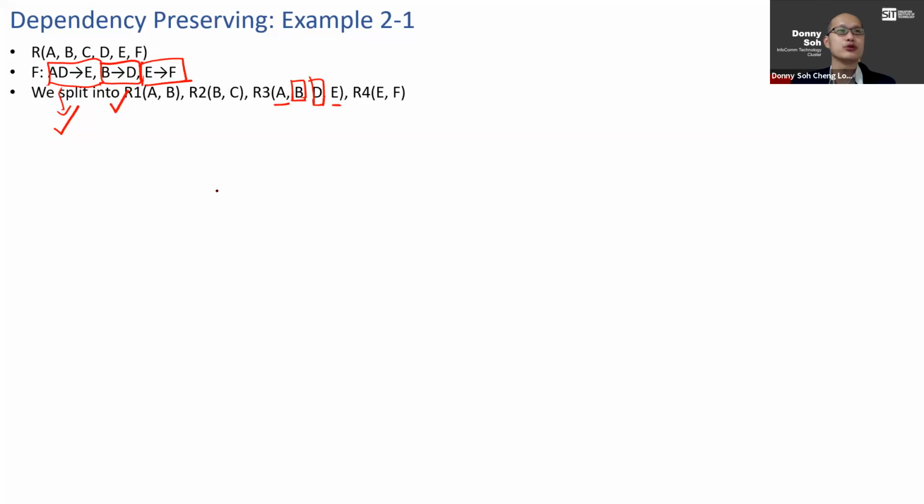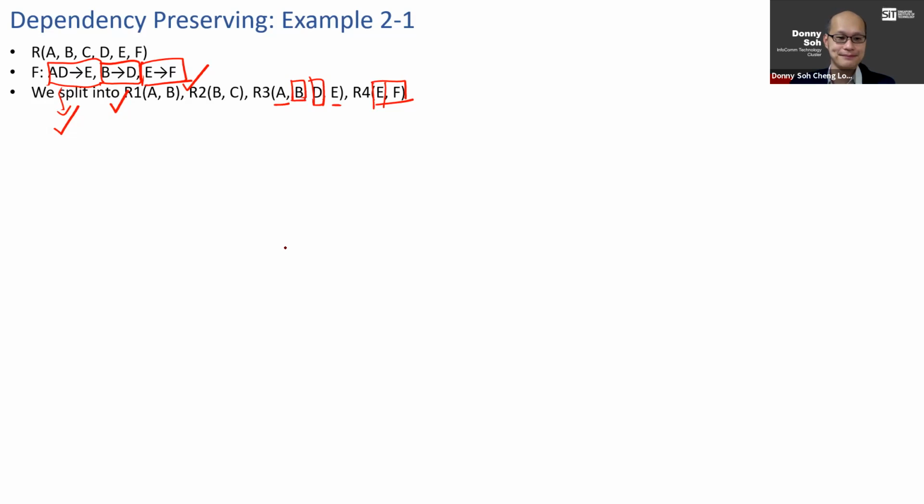E F is also preserved because E F is over here, and so we are sure that this is also preserved. So once both the left hand side and the right hand side are in the so-called sub-schema, we are 100% sure that they are preserved.